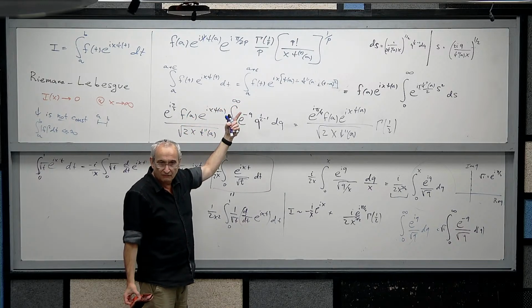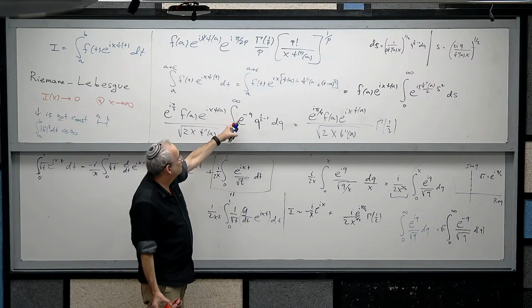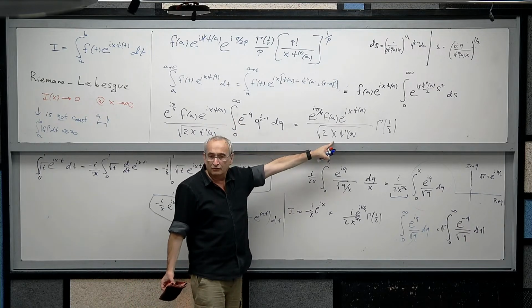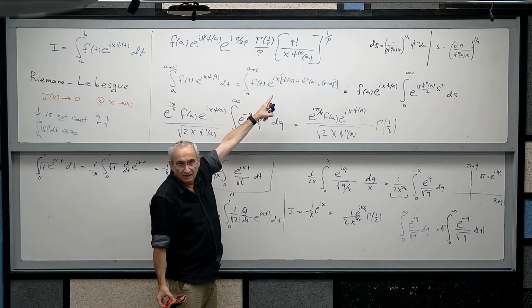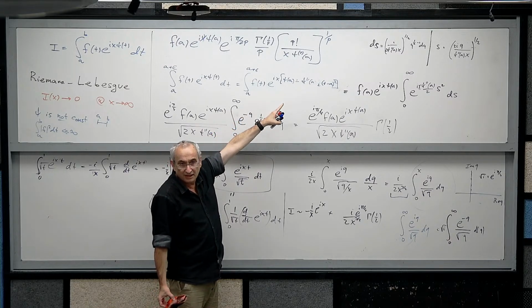This is what we got from the integration by parts. If p is 2, it goes like 1 over square root of x. If p is 3, it will decay like 1 over x to the 1/3, and so on and so forth.